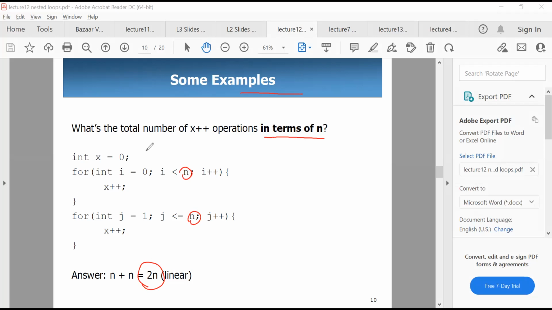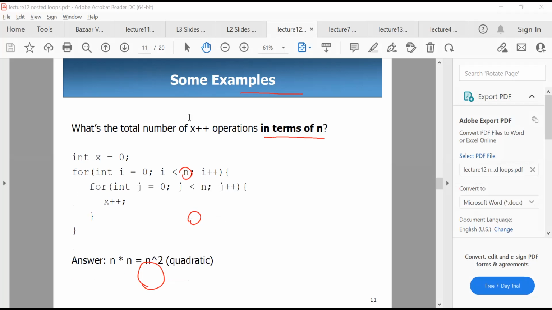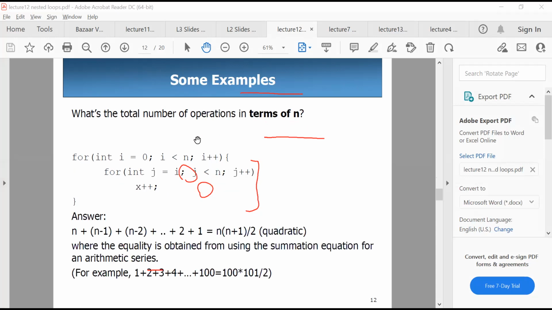Excellent. Okay, good. And now, what about this? Also, we need to do the same for the nested loop. Is it clear? n to the power of 2? Yeah. Okay, good. And then what about here?